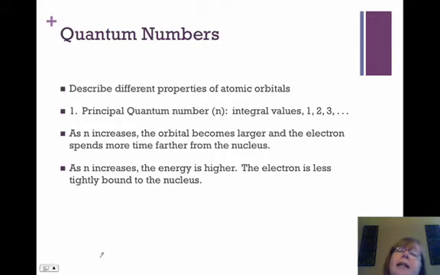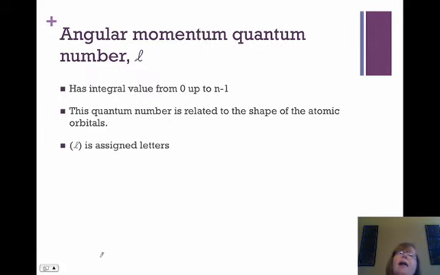Remember that as n increases, the energy increases, and also as n increases, the orbital is getting larger, and therefore the electron, if in that orbital with a higher n value, is going to be spending more time away from the nucleus. So the principal quantum number told us something about the energy of the electron based on its location with respect to the nucleus.